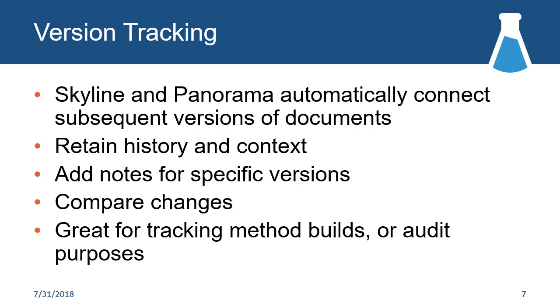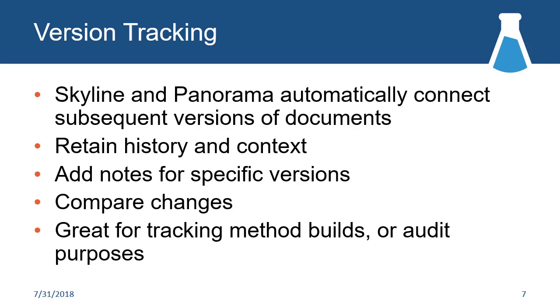As you winnow that down to the working set, you can keep track of what all those different subsets are, and add notes on why you went from this initial set of 500 to this final set of 200, and the various steps along the way.